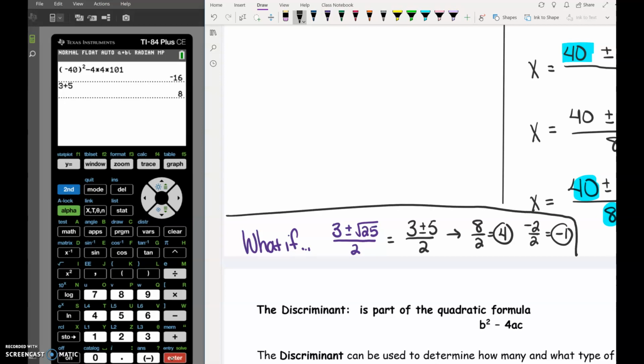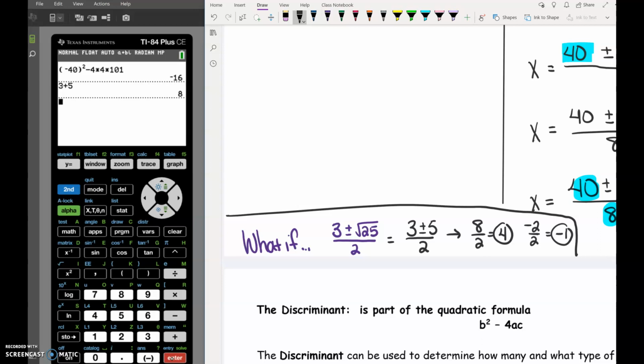So if you simplify this and you end up with all actual numbers, no i's, no square roots, add the top, make sure you get that total from the top before you divide. So 3 plus 5, hit enter, then divided by 2. 3 minus 5, then hit enter, then divide by 2 to get your 2 actual answers.